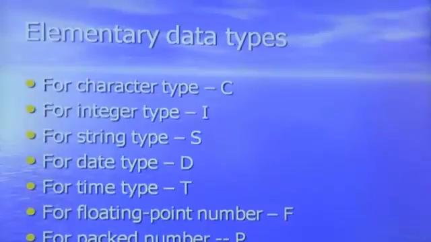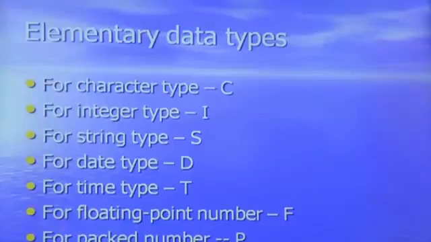Data elementary types. The first one is the character type. When you want to maintain any field value with characters, instead of varchar, we can simply write C. That means we need not write varchar for the declaration of a character.